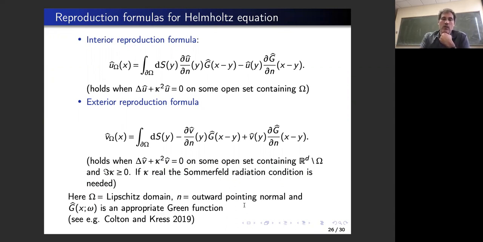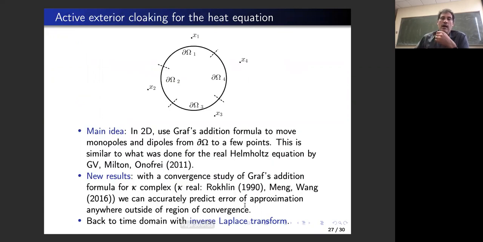Once you have this, we can also think of the same ideas in this active exterior cloaking. I didn't talk too much about that earlier, so let me explain what that is. Here I have my domain omega. It's a circle, and I just artificially split the boundary of this domain into different segments: partial omega 1, partial omega 2, partial omega 3, partial omega 4.